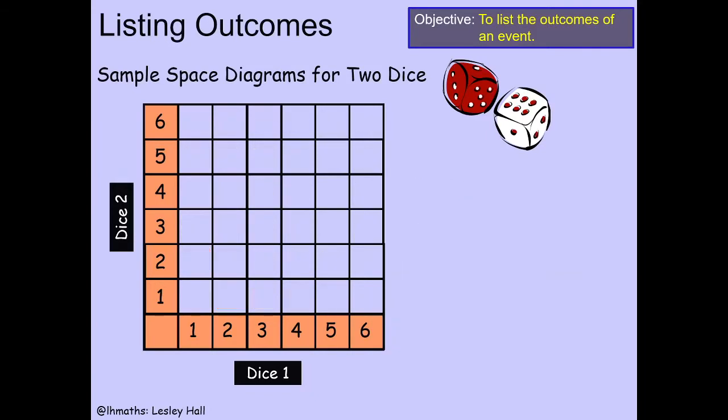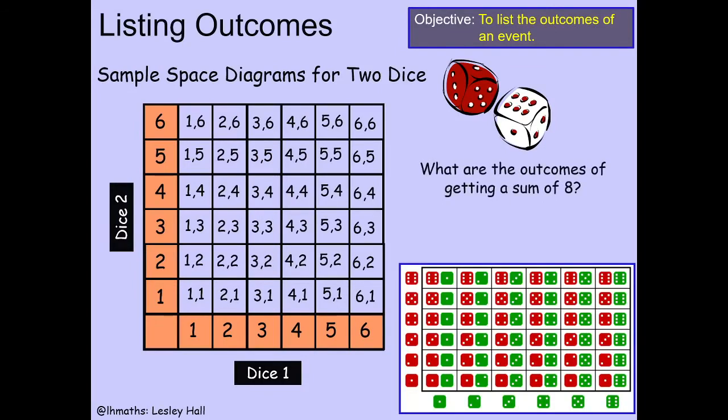Now, what if I'm going to have dice again, but this time, I'm going to have this question. What are the outcomes of getting a sum of 8? Who can give me 2 numbers there whose sum is 8? 4, 4. Let me encircle that. What else? 5, 3. What else? 3, 5.